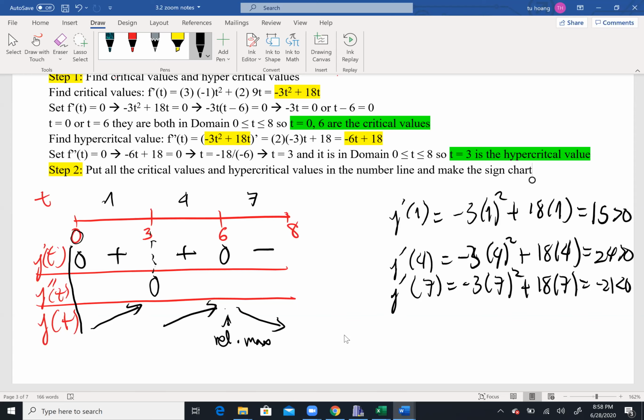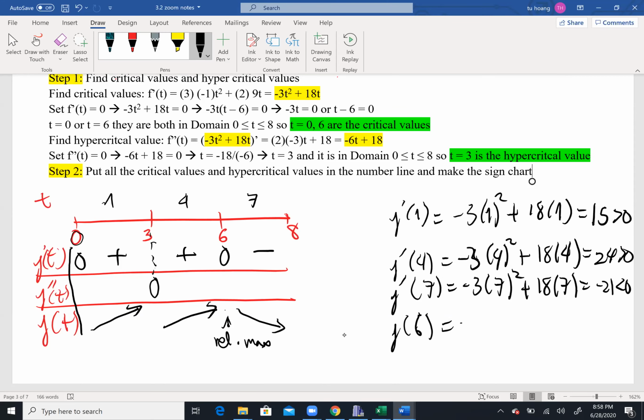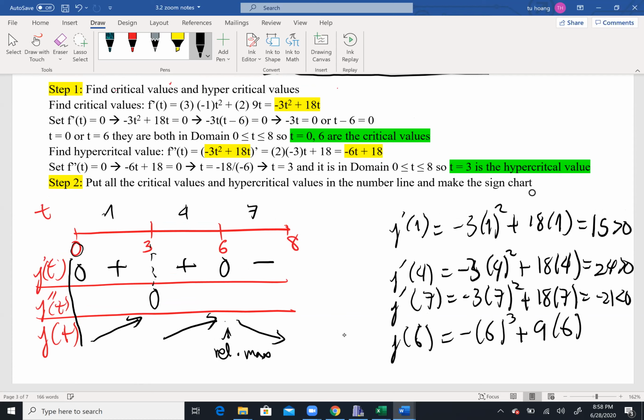Okay, so what is that value of f of t? That's f of t at t equals 6, f of 6, which is negative t cubed plus 9 times t squared, so negative 6 cubed plus 9 times 6 squared.